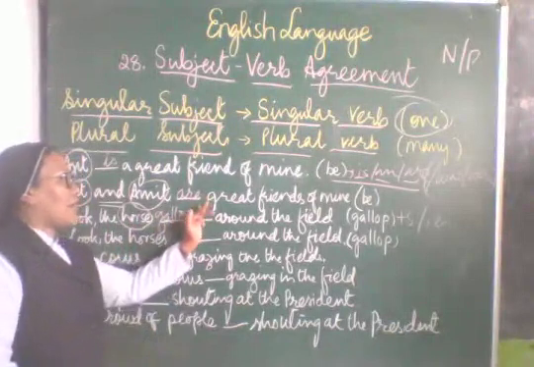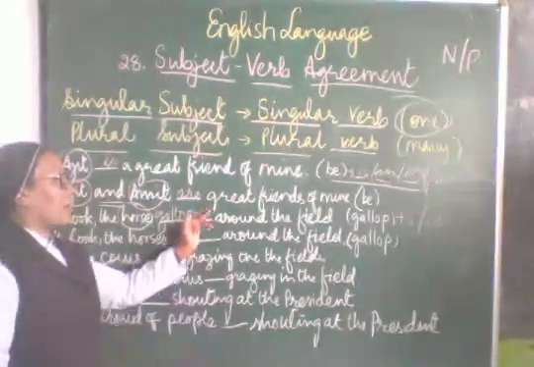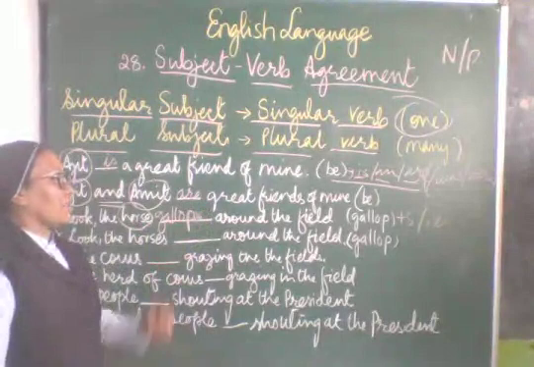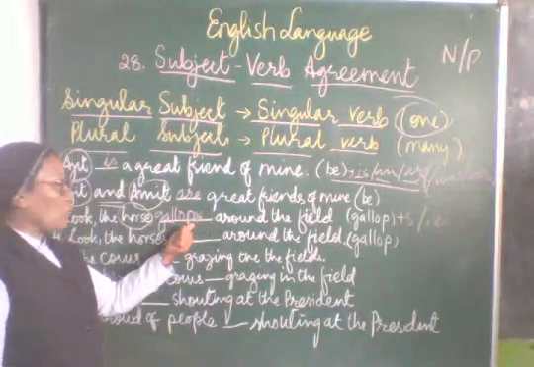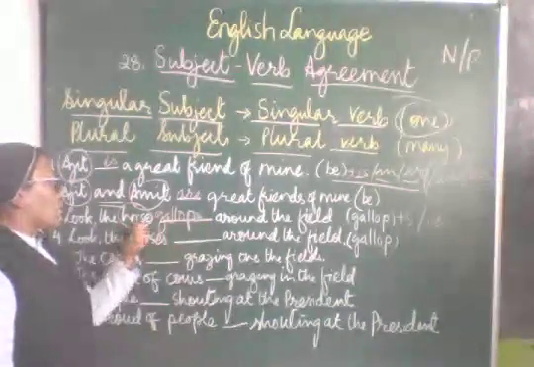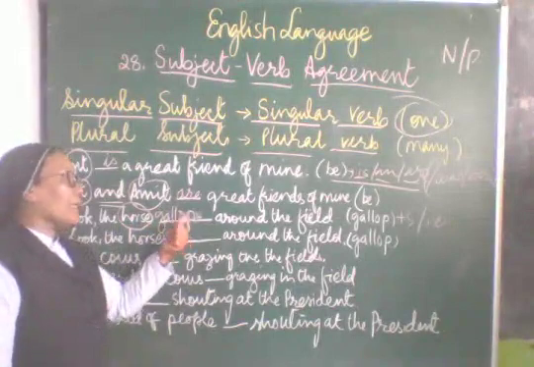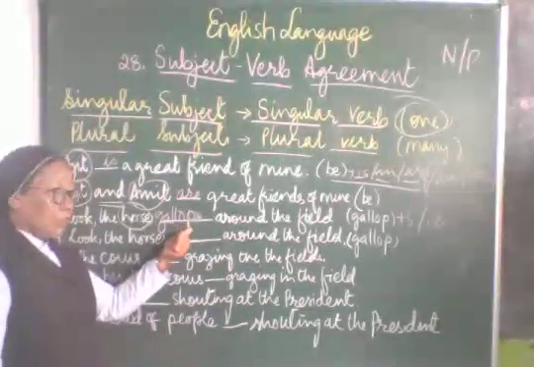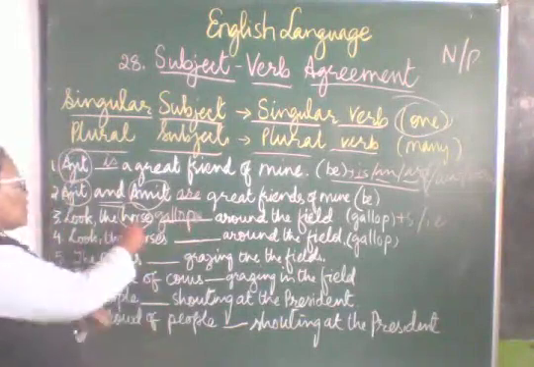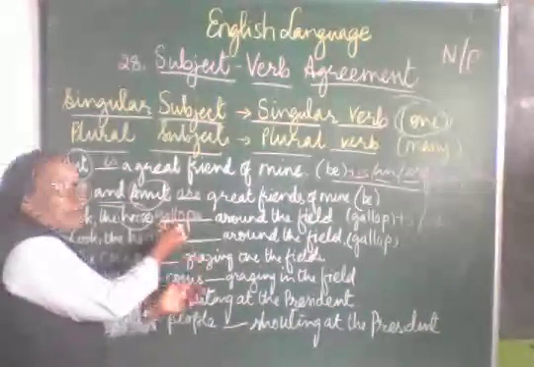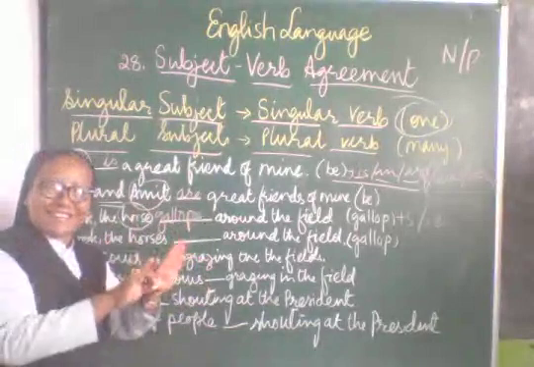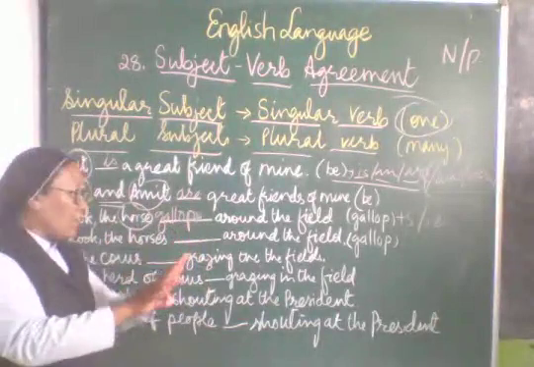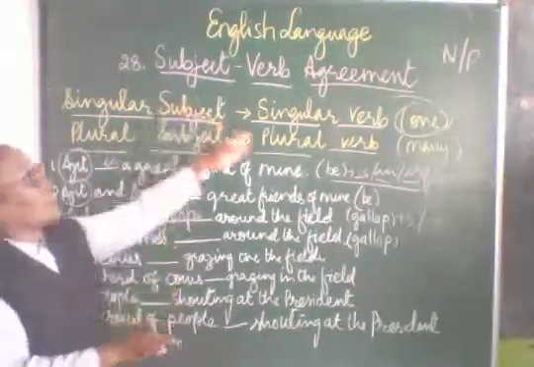If I don't write s here, if I rub this s out, that means it is plural. The horse gallop. This gallop I use for a plural subject. So a singular subject and a plural verb are not matching. For a singular subject, I need to keep a singular verb.